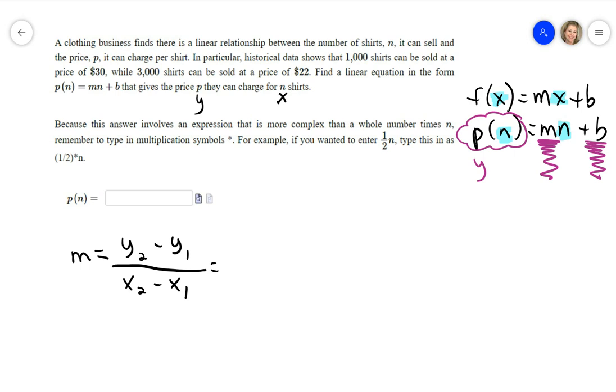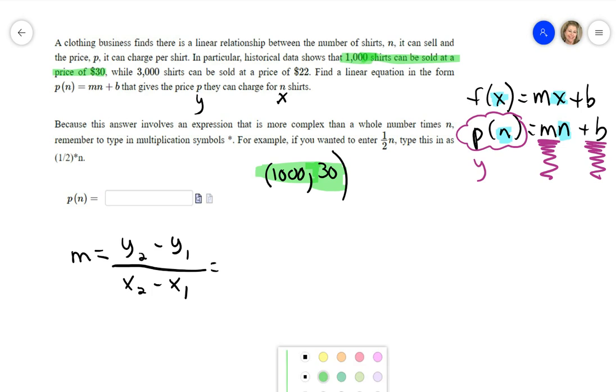And when I look up here, it says 1,000 shirts can be sold at a price of $30. So that is one ordered pair right there. N is the number of shirts and N is X, so 1,000 shirts, and then P is the price, which is Y, will be 30.